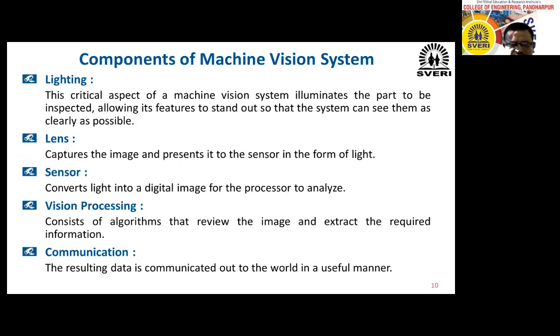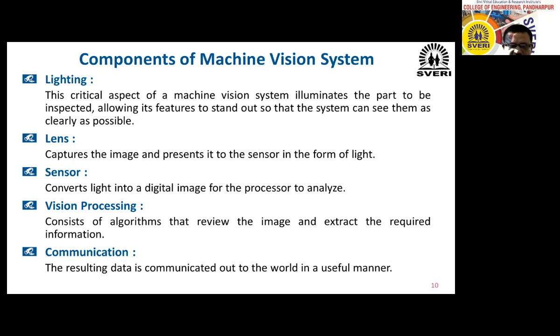Now, all these are the components of a machine vision system. Lighting: this critical aspect of a machine vision system illuminates the part to be inspected, allowing its features to stand out so that the system can see them as clearly as possible. Lens captures the image and presents it to the sensor in the form of light.